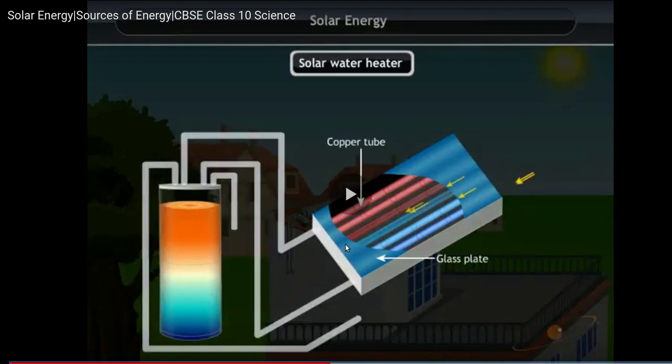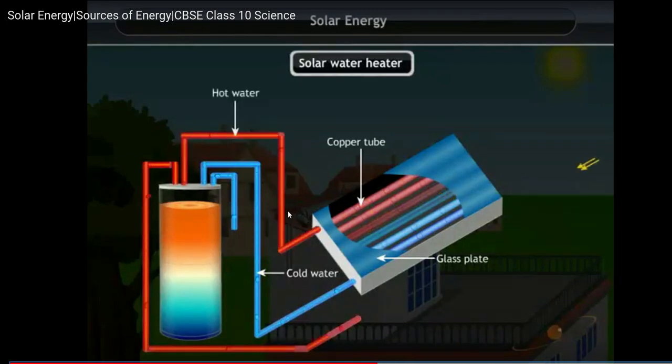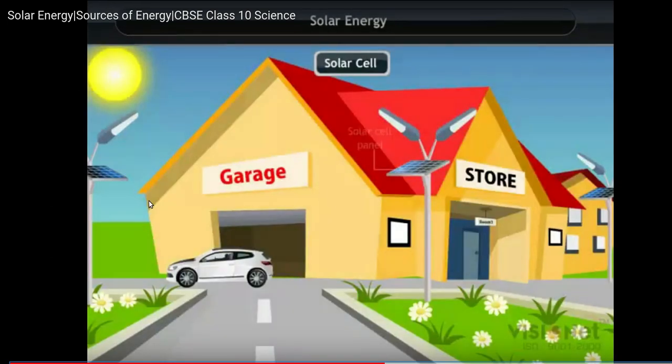The water passes through these copper tubes, and because of the black paint and the glass plate, the heat which is captured heats the water up and sends it back. The cold water comes in like this, and the hot water goes out and falls on top of the tank. So this is how a solar water heater works. The cold water is going in and the hot water is filling up over there. Now another thing is a solar cell.